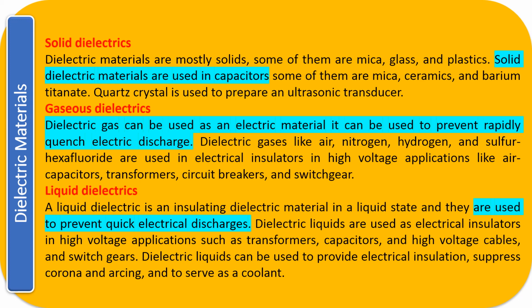Dielectric liquid can be used to provide electrical insulation, suppress the corona, not the corona which is going on, that is COVID, and to serve as a coolant. Now, if you have high voltage electrical cables, let us suppose an 11,000 volt electrical cable is passing, then your air medium can become charged.